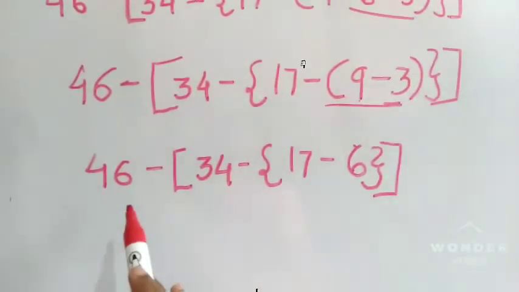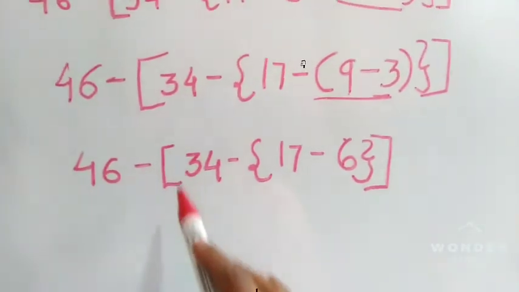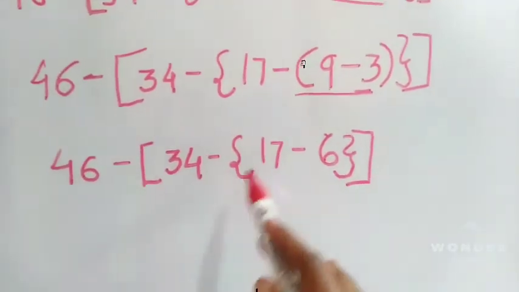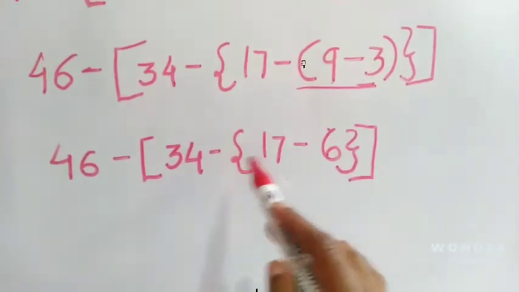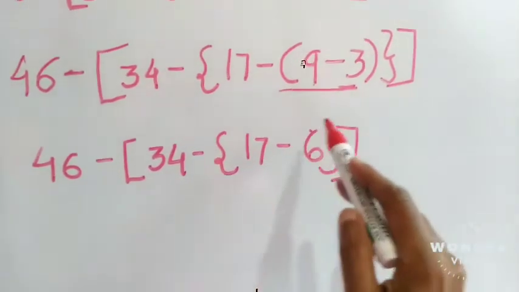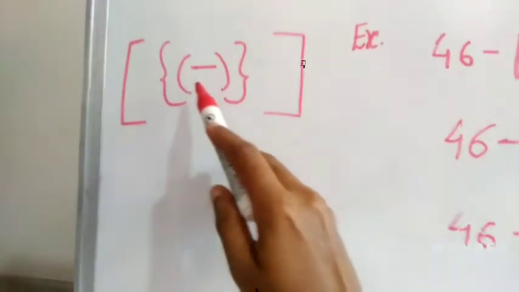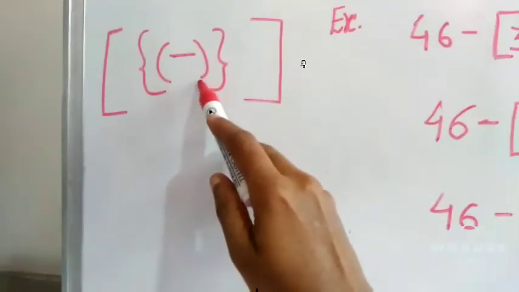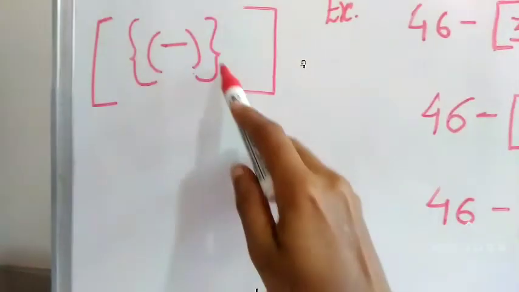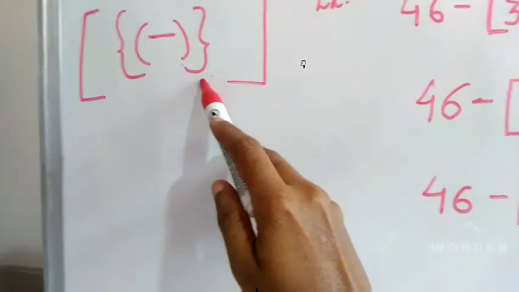So I have removed this bracket and written the number directly. Now I have this with me: 46 minus, in the square bracket 34 minus, this is the curly bracket, 17 minus 6, and the curly bracket closed and the square bracket. So what the rule says: after solving the bar bracket, we solved the round or small bracket. Now we have to solve the curly bracket or braces.